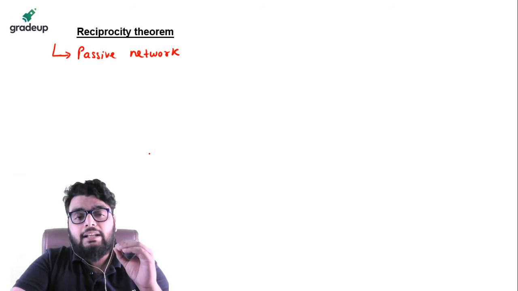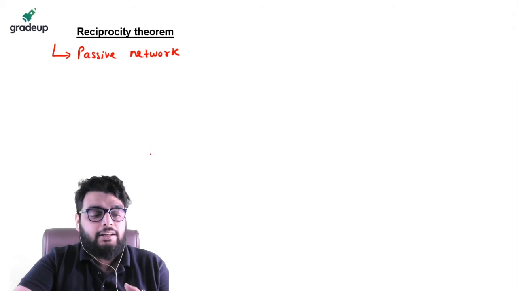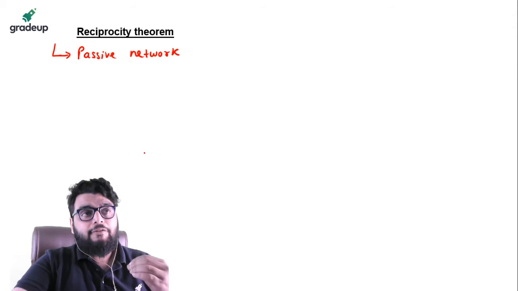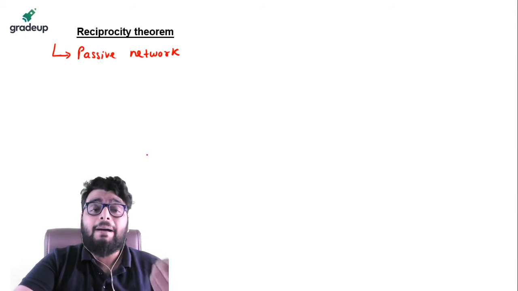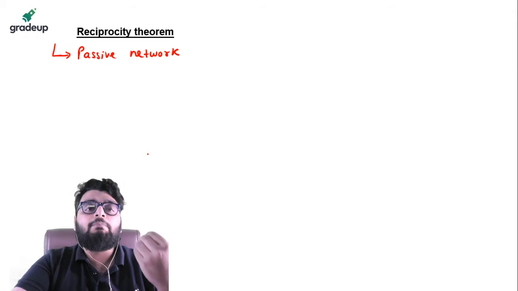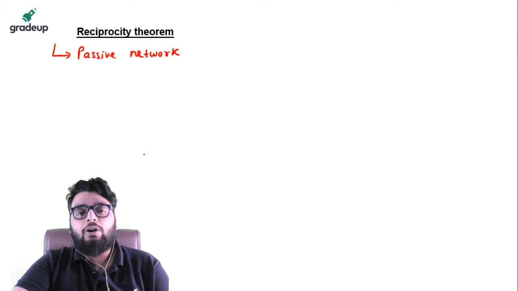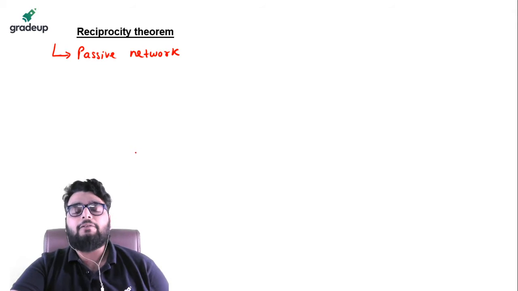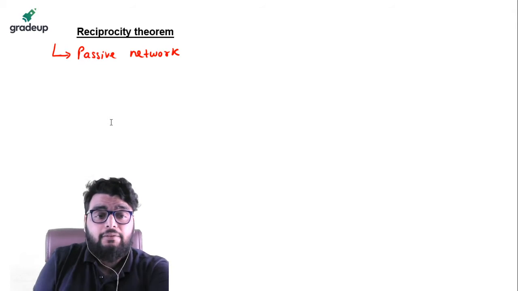A passive network is a network in which you have only passive elements like resistor, inductor and capacitor. If a network contains an active element like a dependent source, a BJT, or a transistor, then the network is not passive, that network becomes active. So first of all, this theorem is only applicable for a passive network.